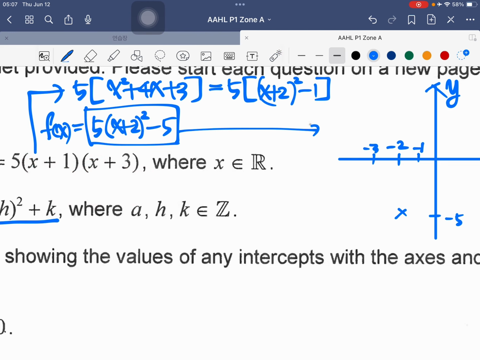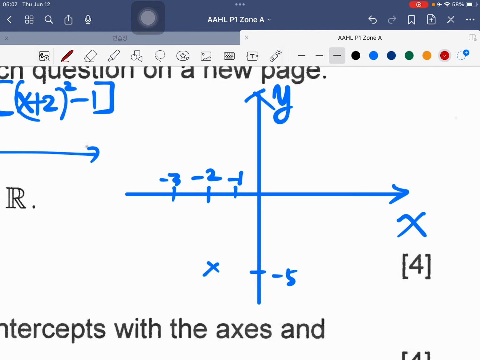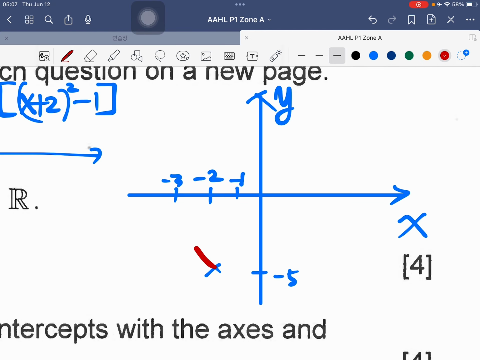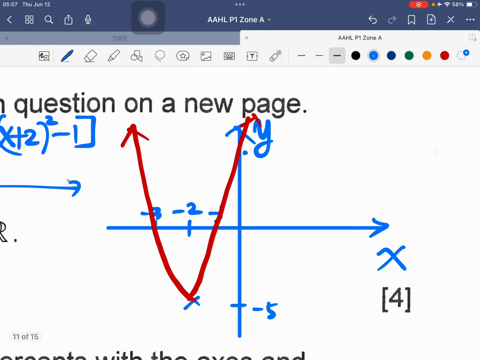So now we can draw the graph. It goes like this, this is the vertex, and it opens up in this direction. Oh, that's a little bit not looking nice. Like that direction. And then the y-intercept is 15.